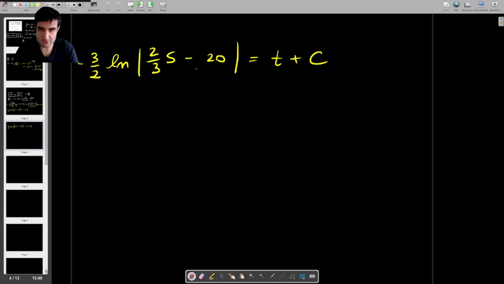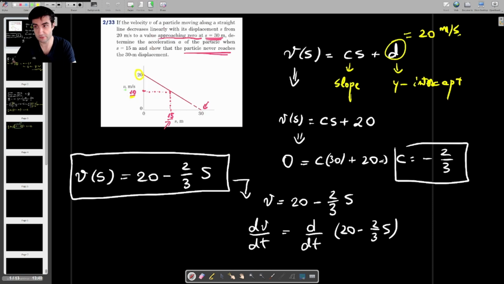Now, this absolute value is obviously a positive quantity, but the thing inside the absolute value, this 2/3 s minus 20, is negative if you look at the diagram, because s starts from 0 and it can end up as 30 depending on how the particle behaves, but we're predicting that it never actually reaches that point.